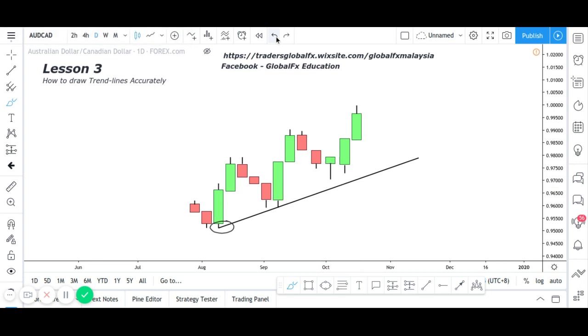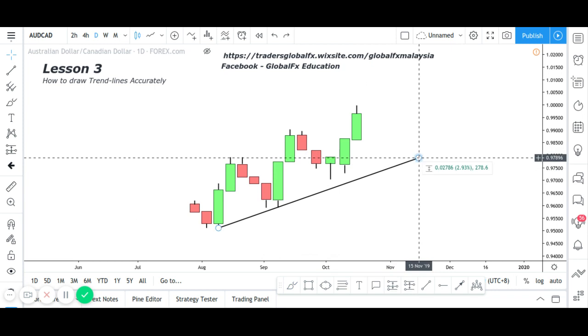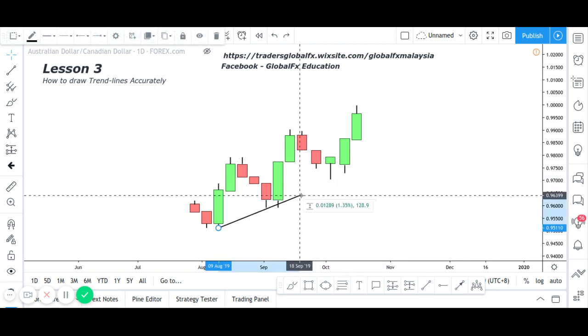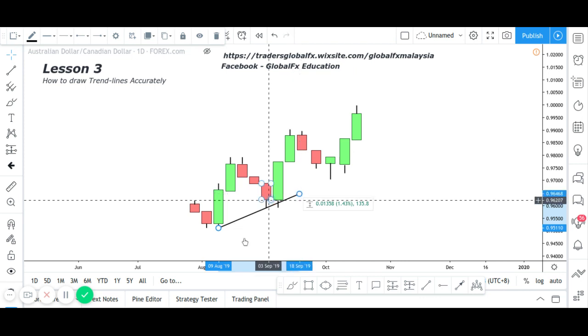That's why I said people sometimes have been drawing the trend lines in the incorrect way, and it causes you guys to basically trade the wrong way too. So the way I draw it is we are always going to cut through the wicks of the candles, but we never ever cut through the body of the candle.